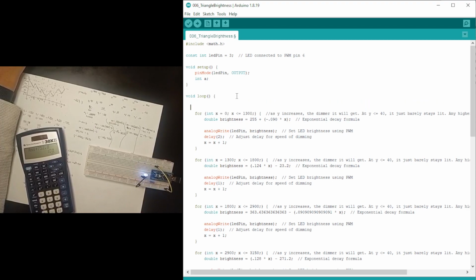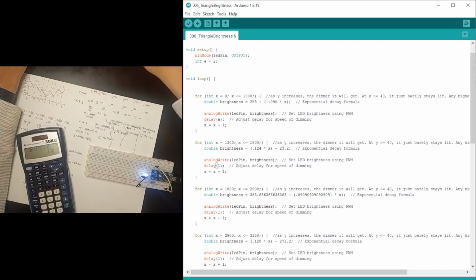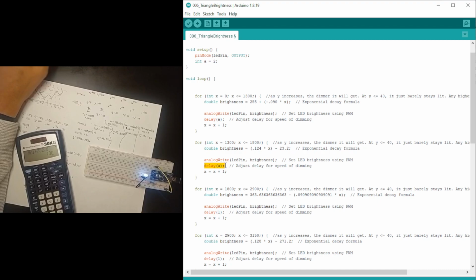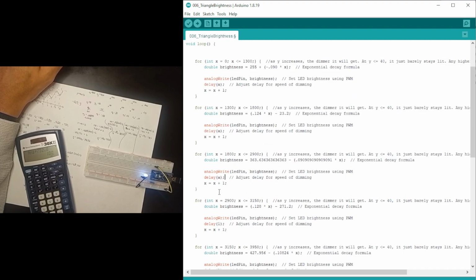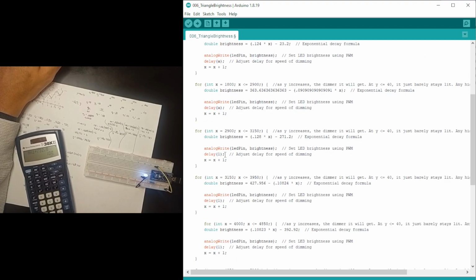So, you know what? Int a equals 2. And then if we set the delays to equal to a, goodness, has to be so specific here. A.